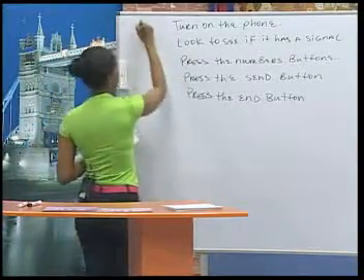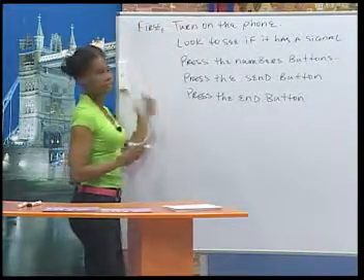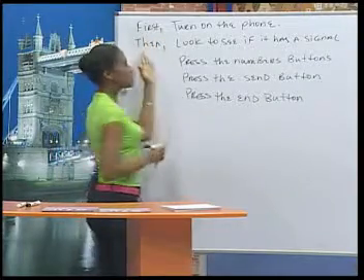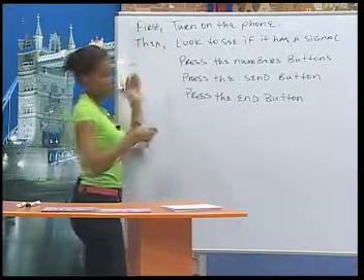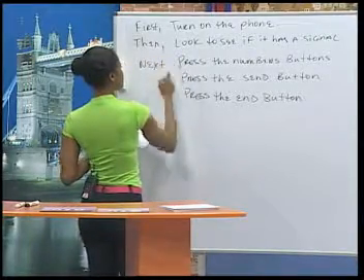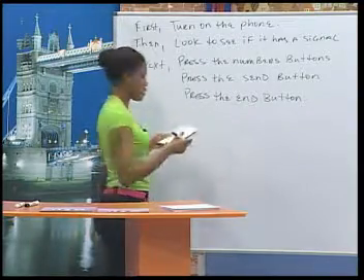So he told us, first, turn on the phone. Then, look to see if it has a signal. He told us, next, press the numbers buttons for the person you want to call.